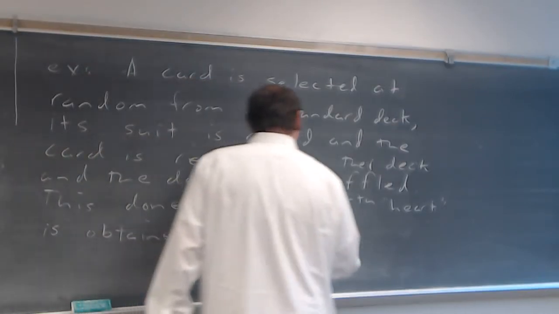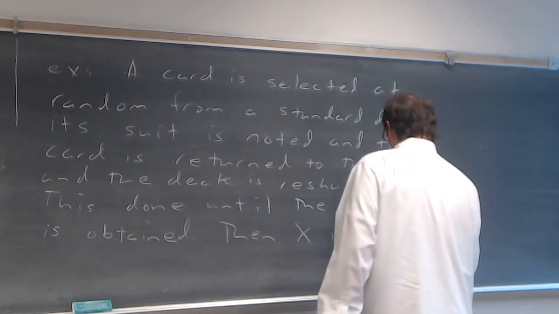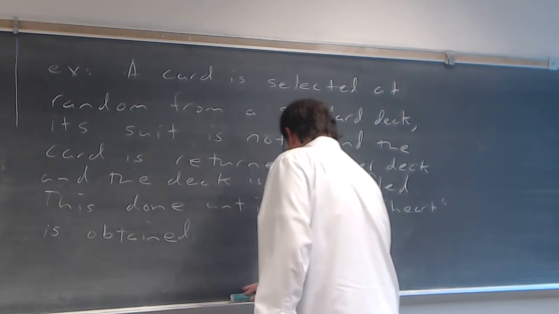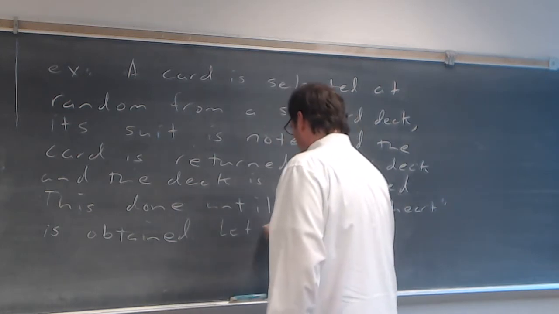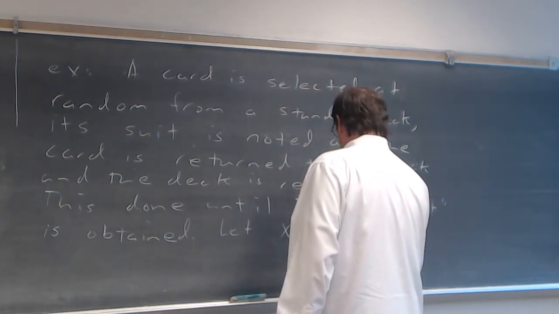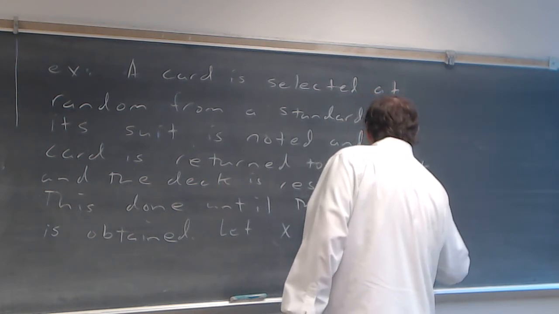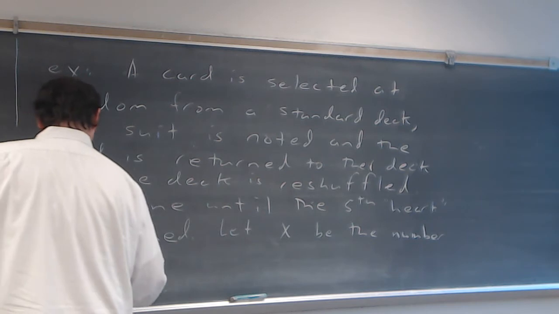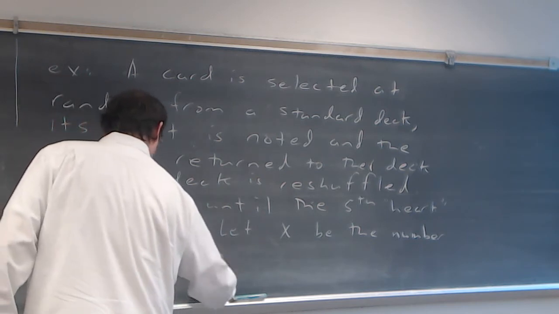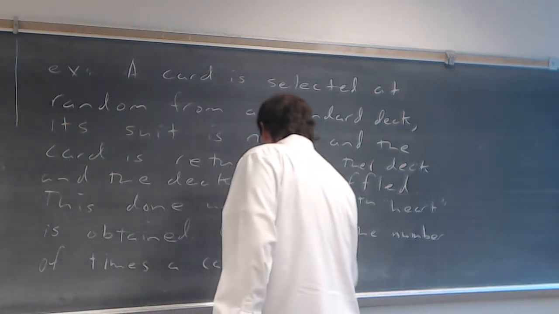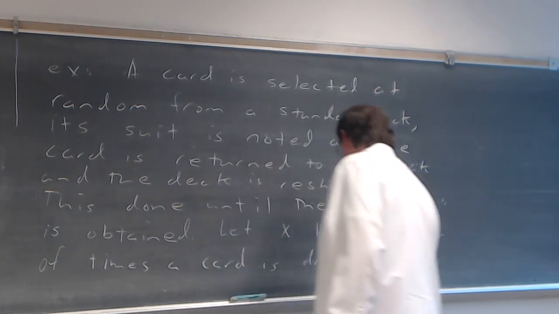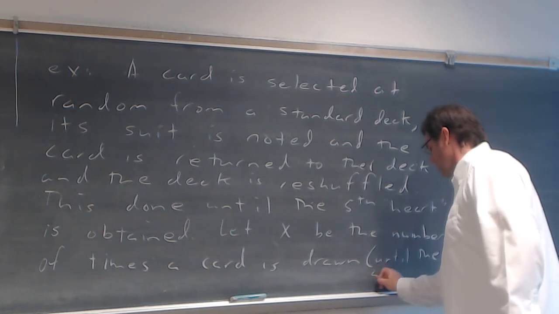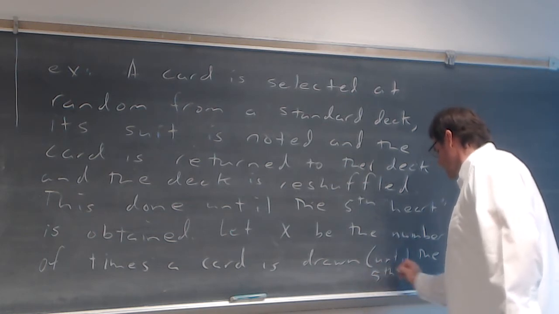Let X be the number of times a card is drawn to get the fifth heart.